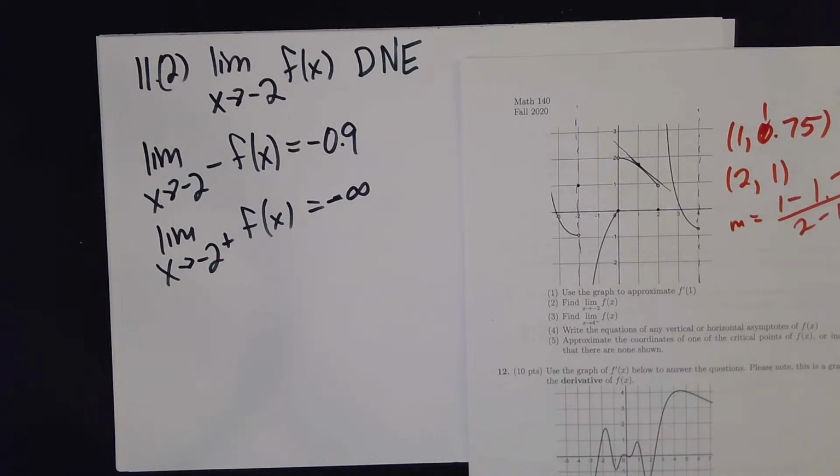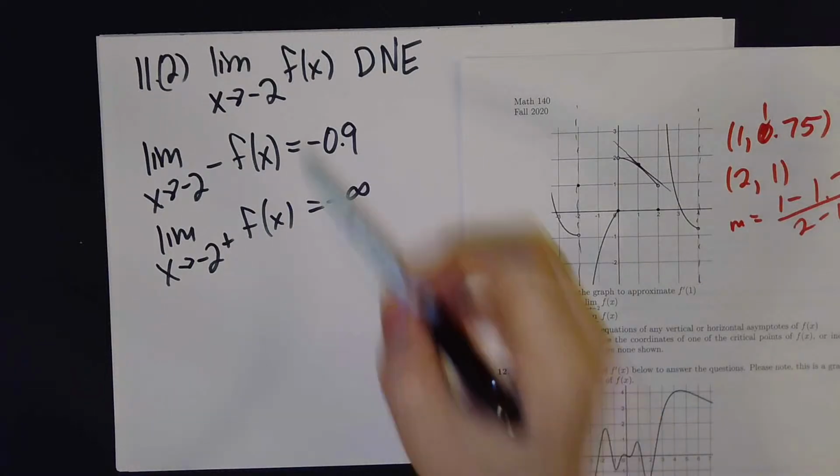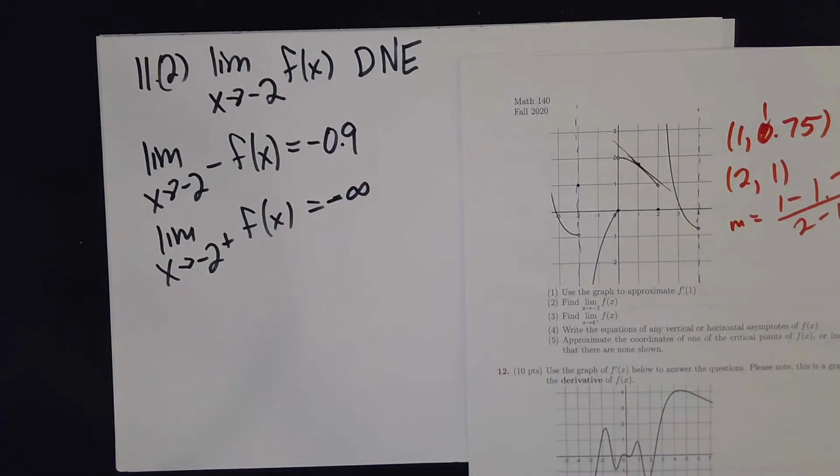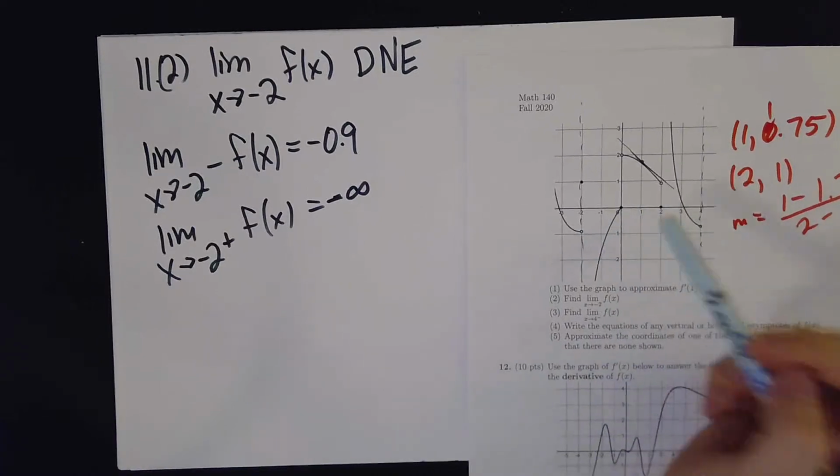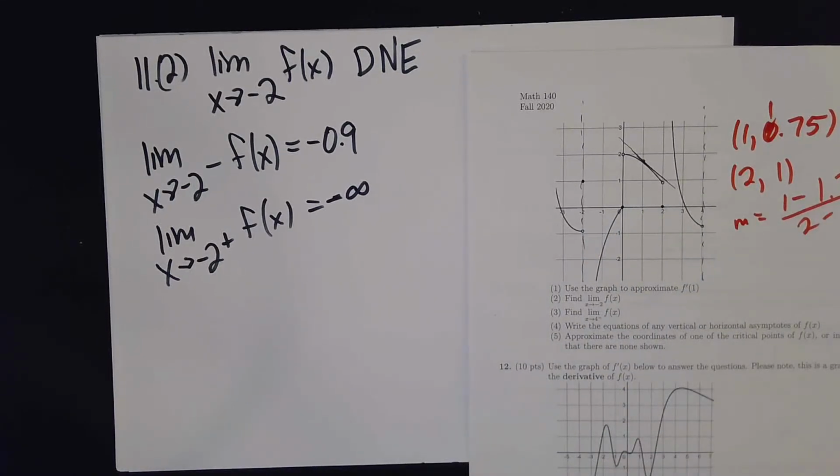So just remember, when you're asked about a limit, if there's no from the left or from the right, you really have to look at both, and both sides have to match.